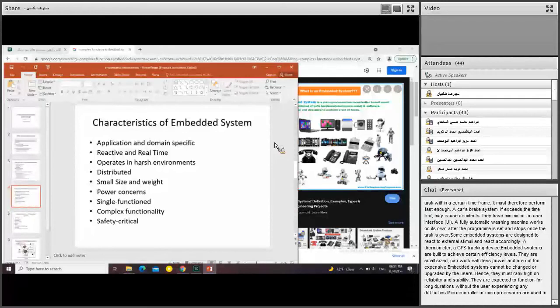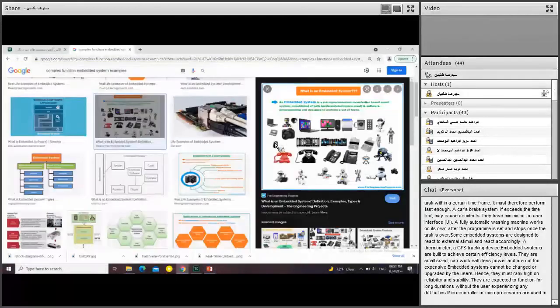And safety and critical. Safety embedded systems means that it is better for us to use embedded systems in harsh environments to protect our safety. Or we can, for example, use embedded systems for the safety of people.